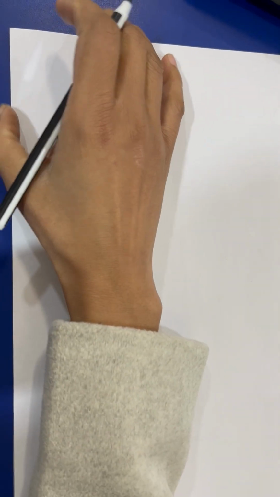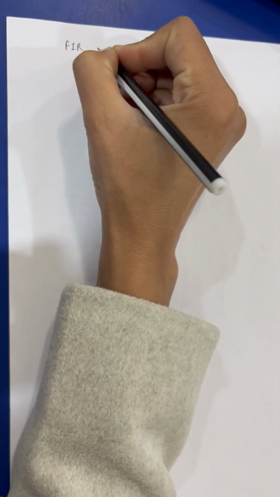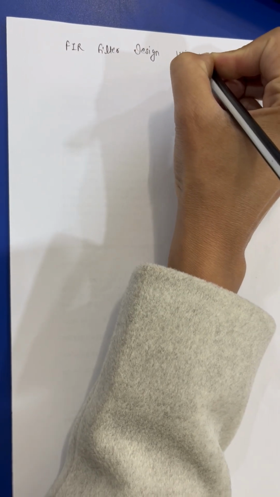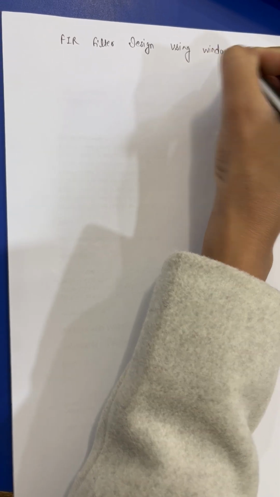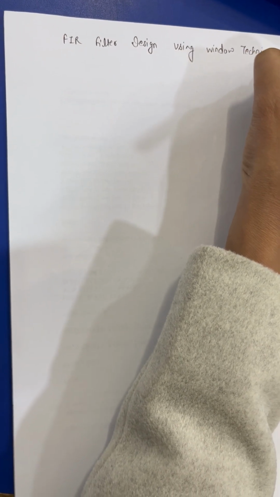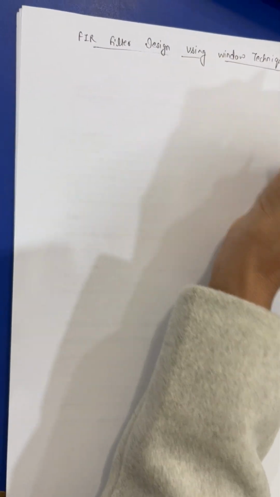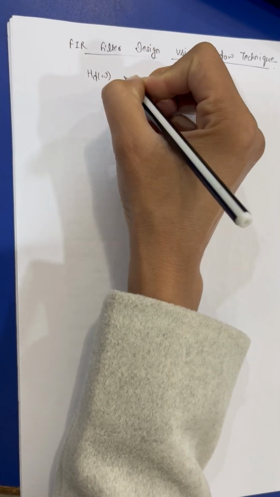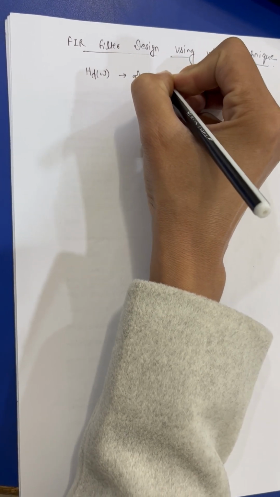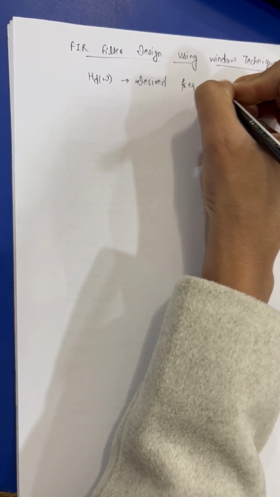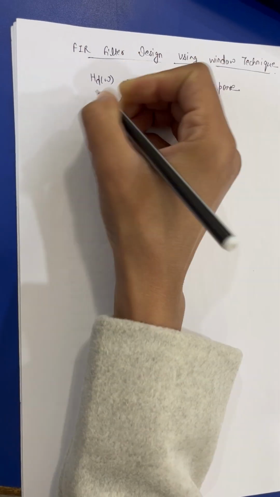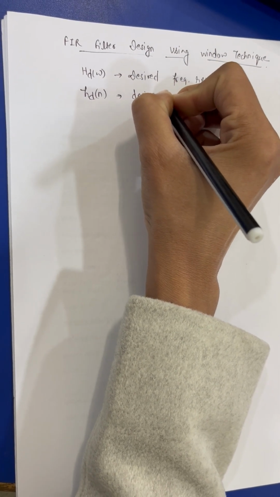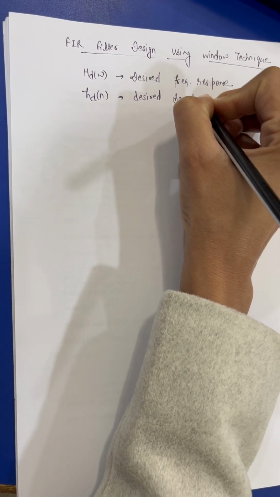Students, here we will cover the topic FIR filter design using window technique. For this, we have to know about H_d(ω), that is known as the desired frequency response, and another thing is h_d(n), that is known as the desired sampled response.